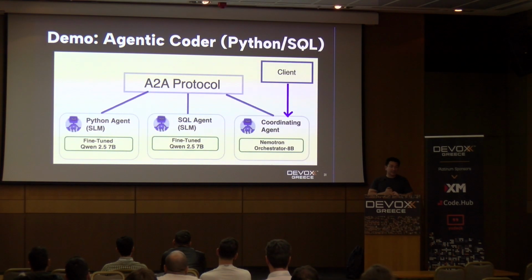The orchestrating agent I'm using is another small language model called Nemotron Orchestrator, developed by NVIDIA. When we query our orchestrator, the client says, this is the problem I want you to work through, and it goes from there. We'll actually see all of its thinking stages too.